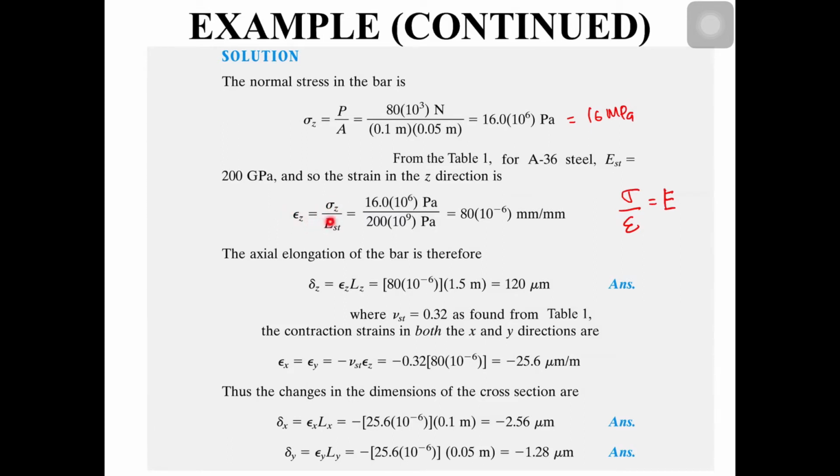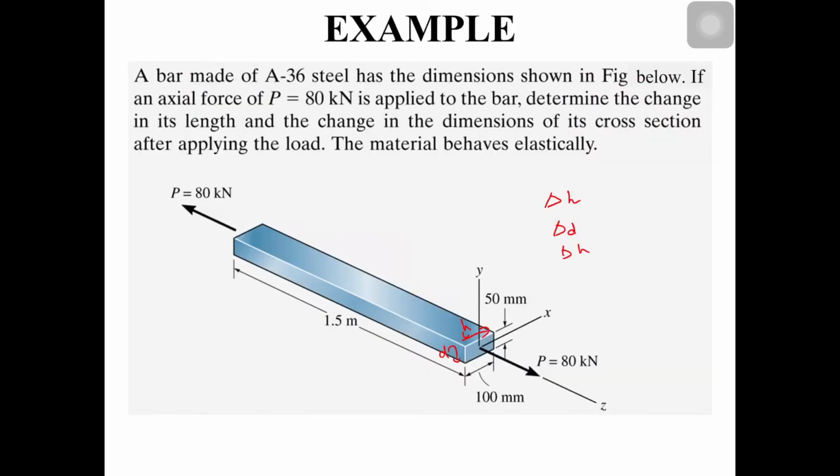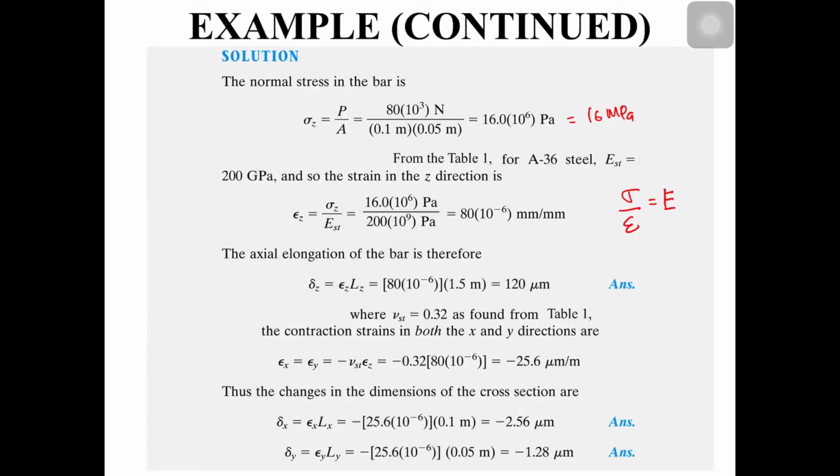Sigma is 16 from here over E from the table, and you get 80 times 10 to the power of minus 6 mm over mm. So this is the strain in the z direction, sigma over E.